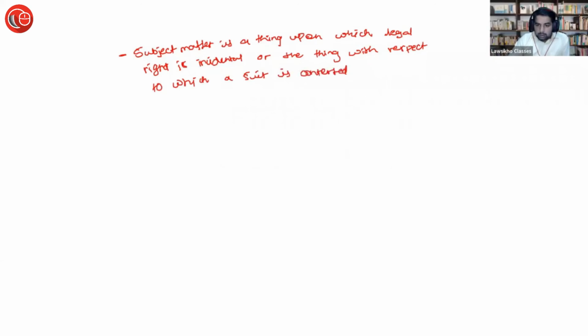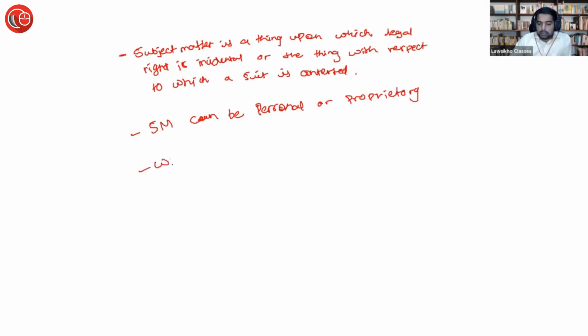Subject matter can be personal or proprietary. SM is subject matter, guys. ठीक है? So now what does personal mean and what does proprietary mean?